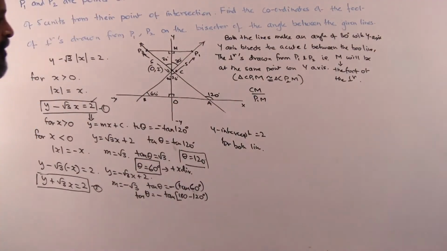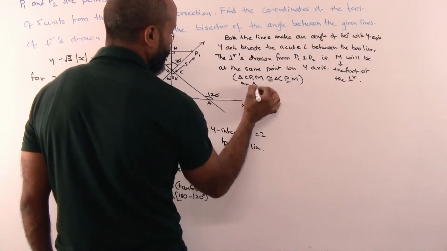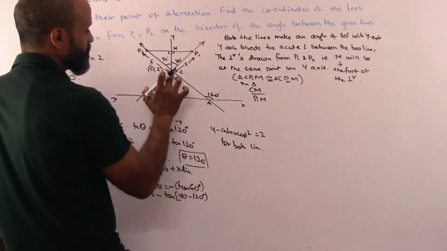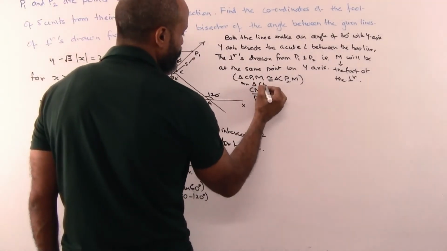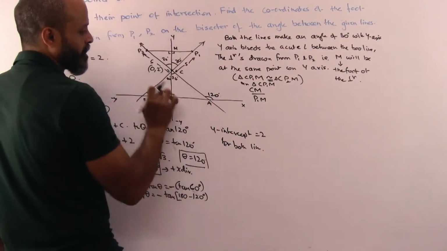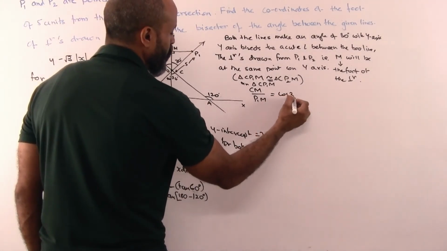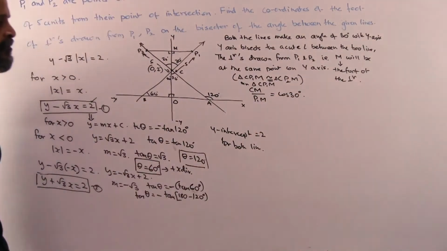Okay, so now what we have is, in triangle CP1M, base upon hypotenuse, that is CM upon CP1, will be equal to cos theta, that is cos 30 degrees.